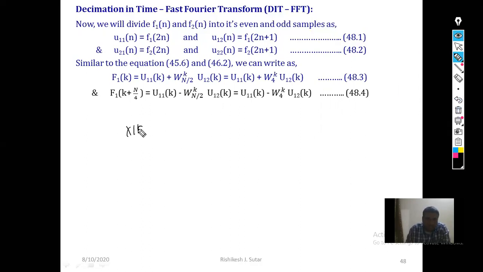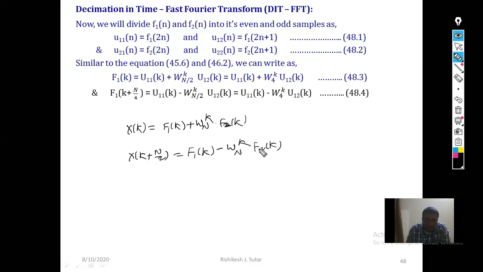So what we did previously: X of k we have written as F1 of k plus W_N^k F2 of k, and X of k plus N by 2 is equal to F1 of k minus W_N^k F2 of k. So here we have divided x of n into two parts, that is F1 of k and F2 of k.